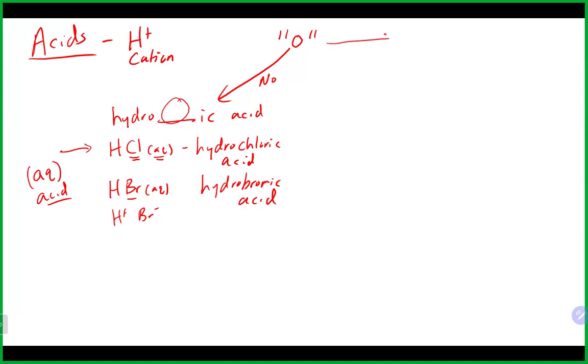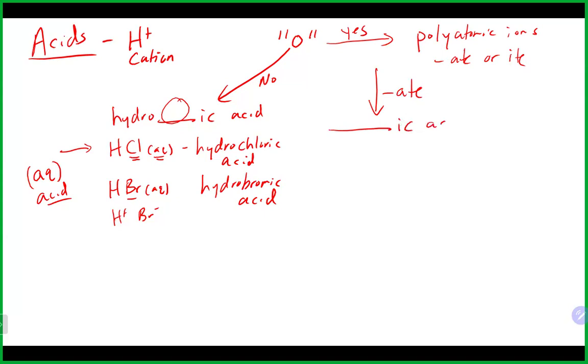If it does have oxygen, it will contain one of those polyatomic ions. And those polyatomic ions, as we've talked about, usually end in one of two ways, ate or ite. If your polyatomic ion ends in ate, your acid would be something ic acid.